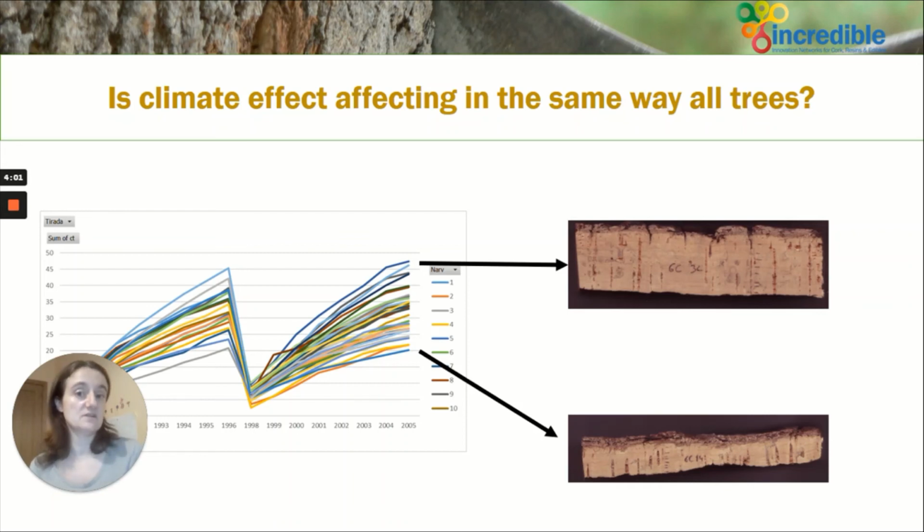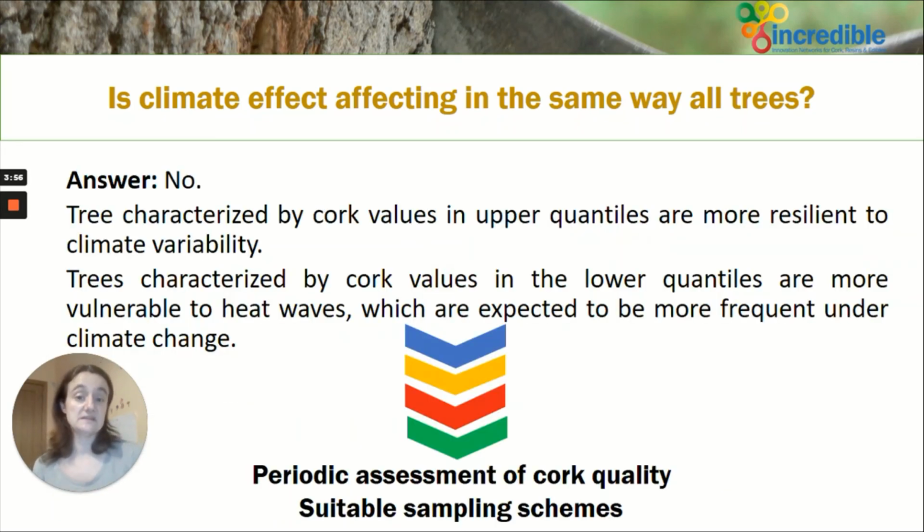We will be publishing the first results on this question soon, but I might already let you know that the trees characterized by cork values in the upper quantiles are more resilient to climate variabilities, and the trees characterized by cork values in the lower quantiles, the thinner ones, are indeed more vulnerable to heat waves.